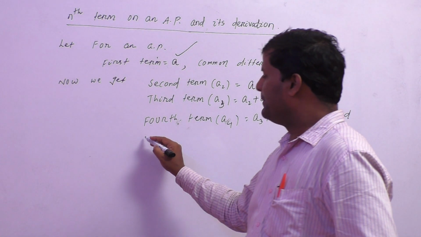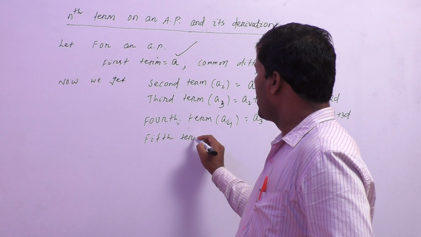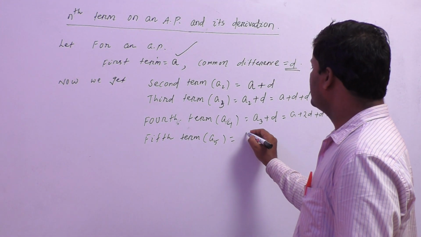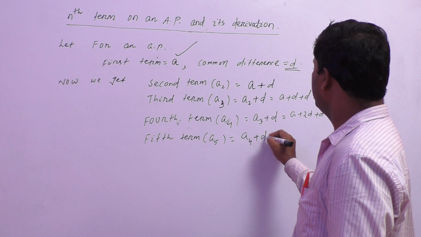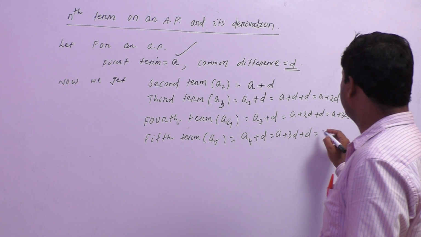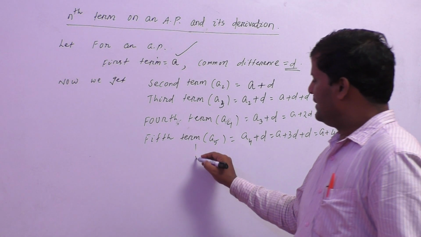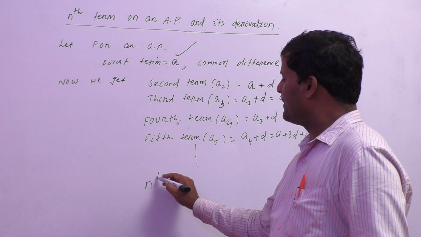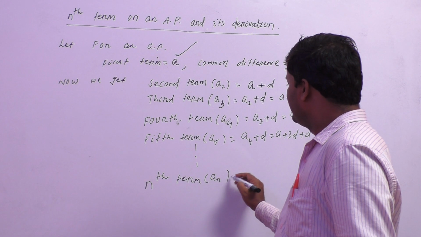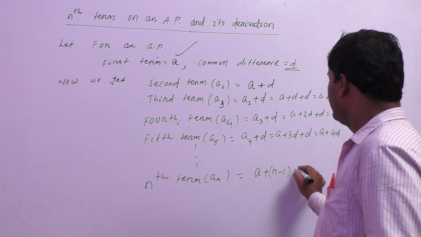If I say the fifth term, a5, the fifth term of the sequence will be the fourth term plus d, that is a plus 3d plus d, which is becoming a plus 4d. In the same way, you can get the nth term, that will be a plus n minus 1 into d.